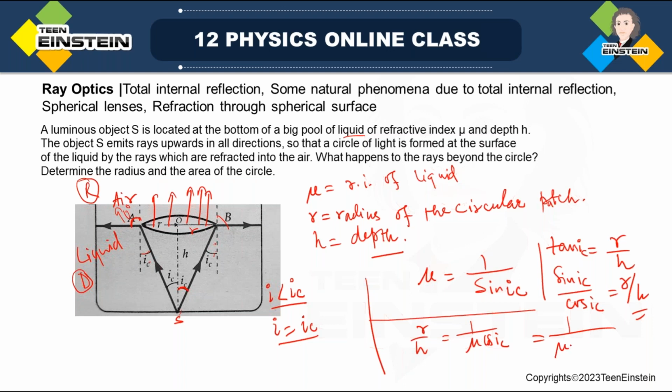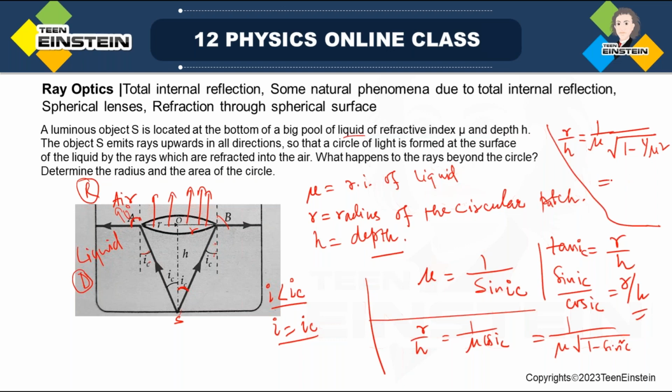Cos IC means square root of 1 minus sine square IC. Okay, I'll just take help of this small place. So r by h is equal to 1 over mu, and square root of 1 minus sine square IC means 1 minus 1 over mu whole square.